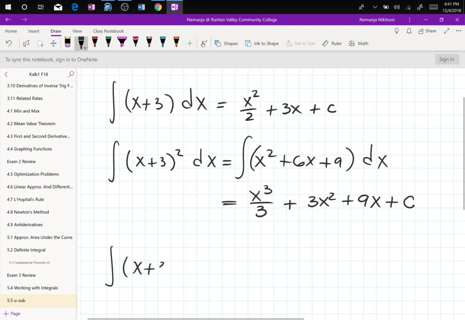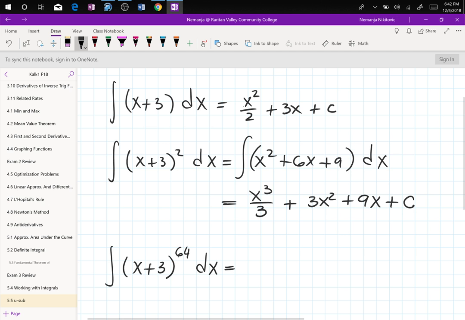And here is x plus 3 again in the third integral. And now in this third integral, we put exponent of 64, dx. Foil, anyone?